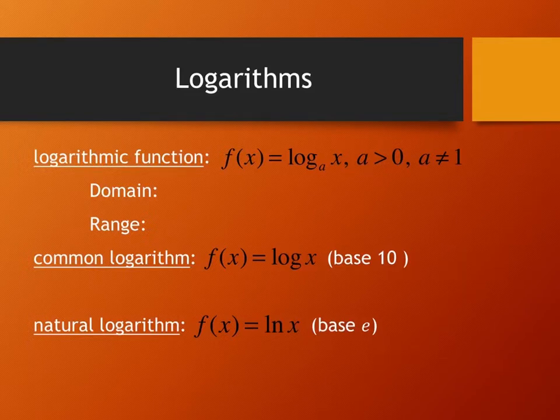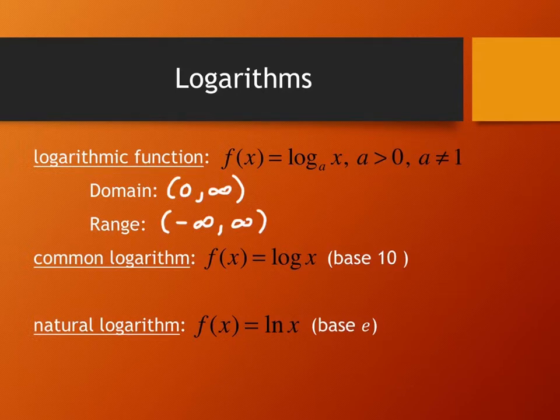So if the domain for an exponential is everything, then the range for a logarithmic function is everything. That's the range. So then what was the range for an exponential function? 0 to infinity. So since that was the range for the exponential, that will be our domain for our logarithmic. And we will look more at graphs later to sort of verify these pieces of information.